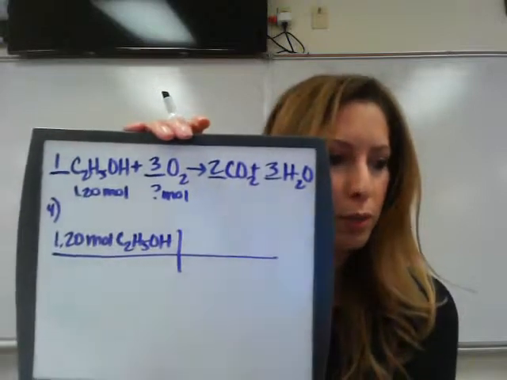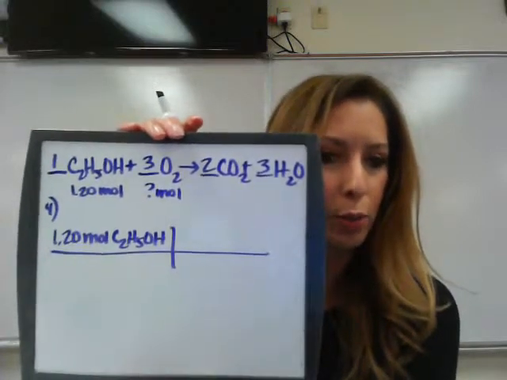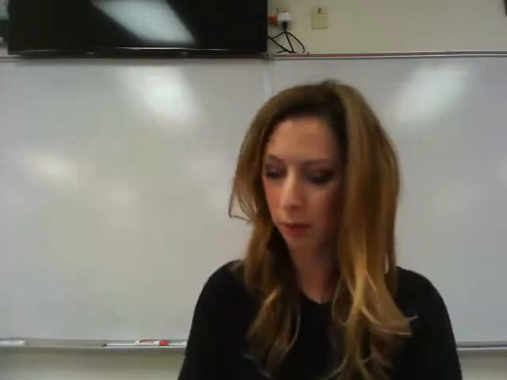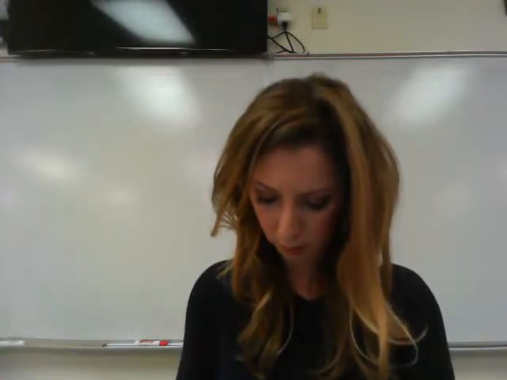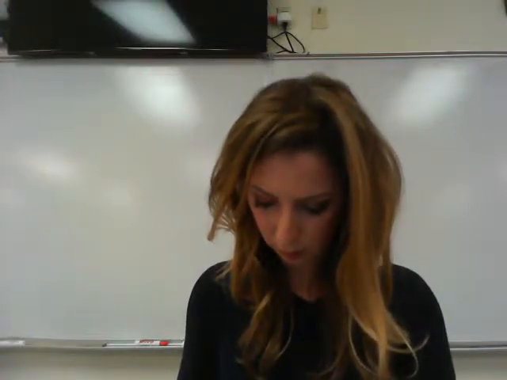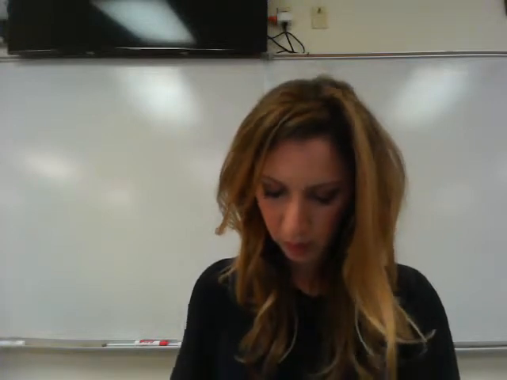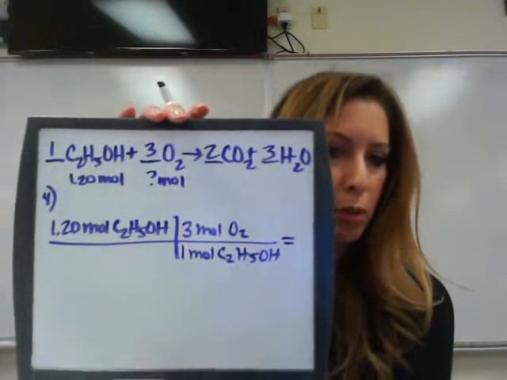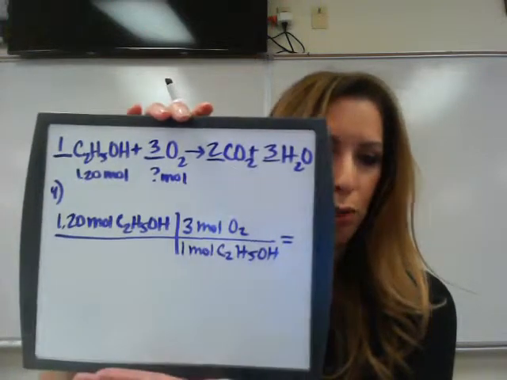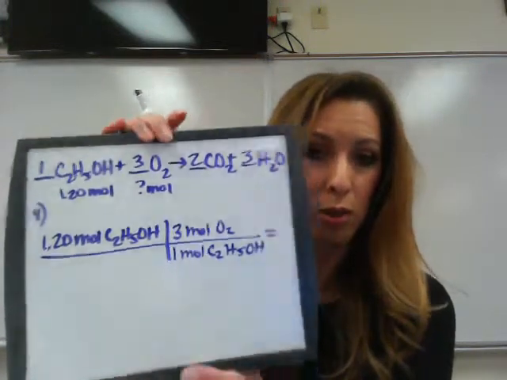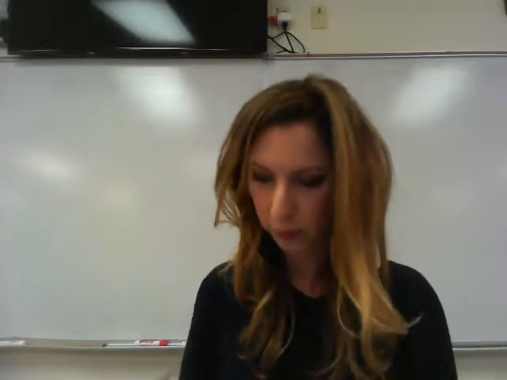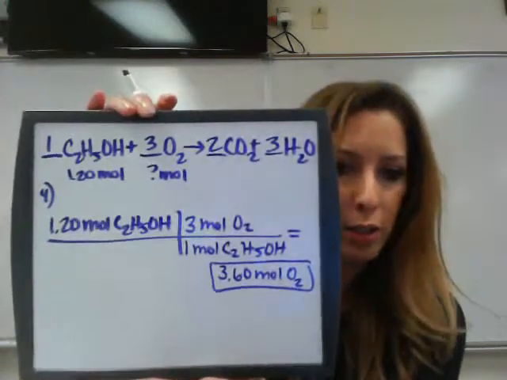We're going to put 1 mole of C2H5OH on the diagonal and 3 moles of O2 up on top. If you multiply 1.20 times 3 and then you divide it by 1, you're going to get 3.60 moles of O2. And that's your answer.